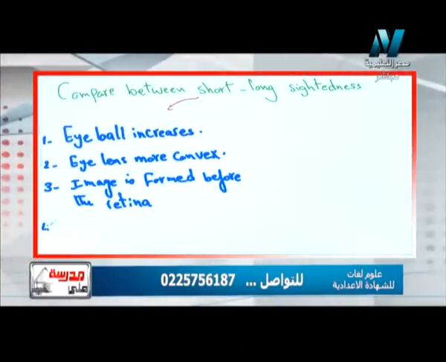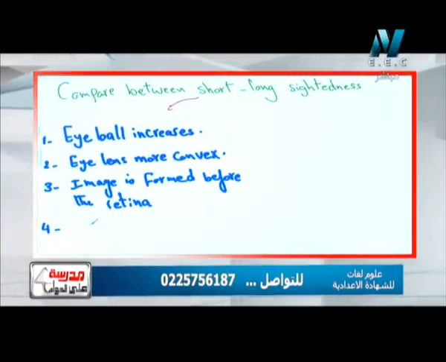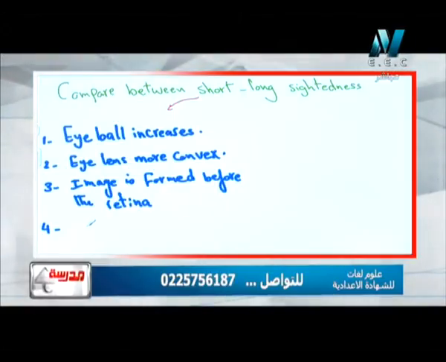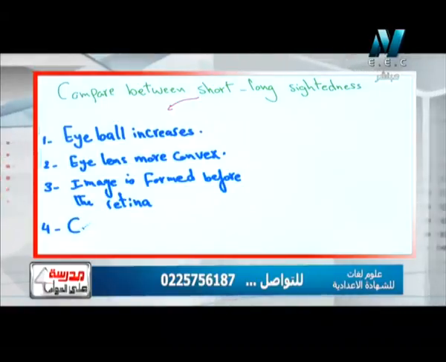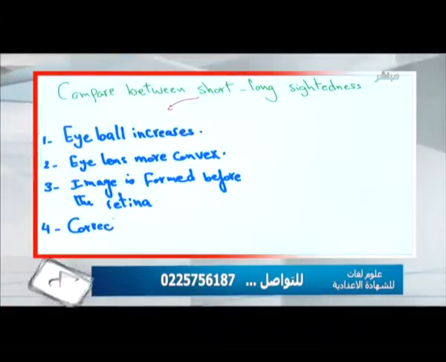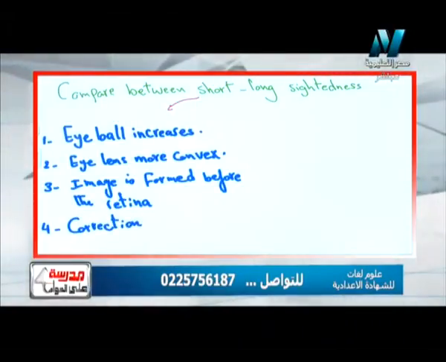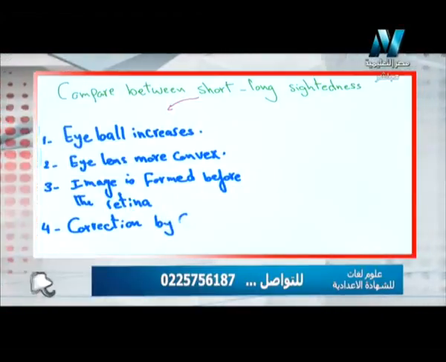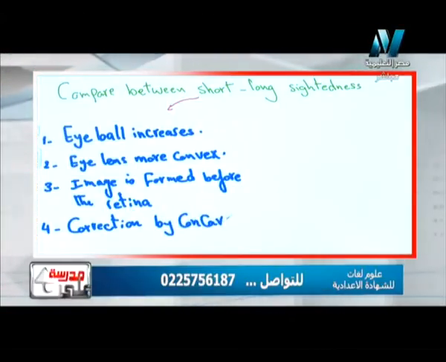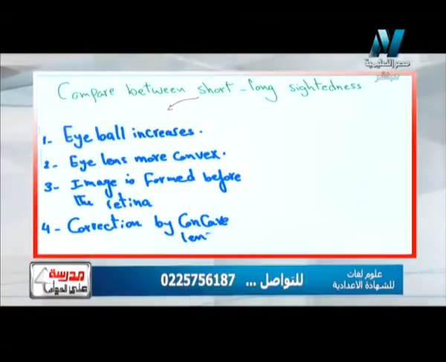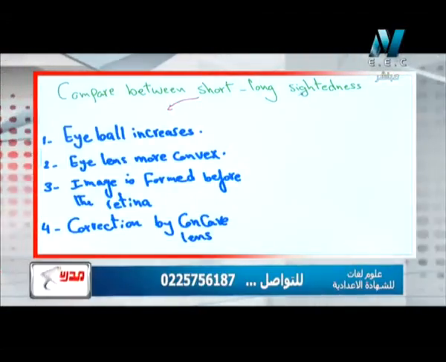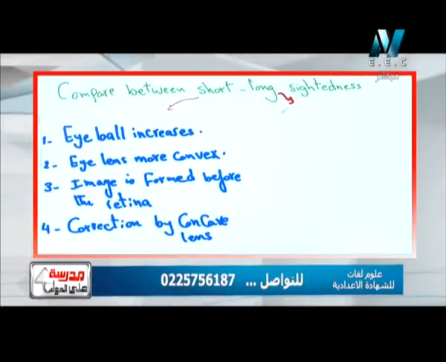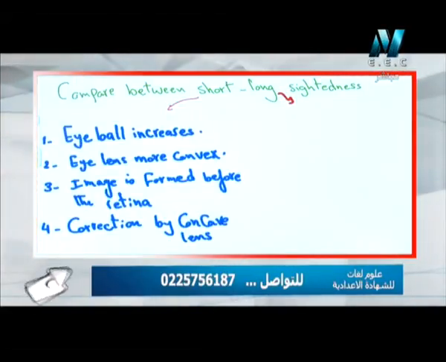So here we correct the vision by concave lens. And we have the opposite here for the long-sighted person, the opposite in the 3 points.